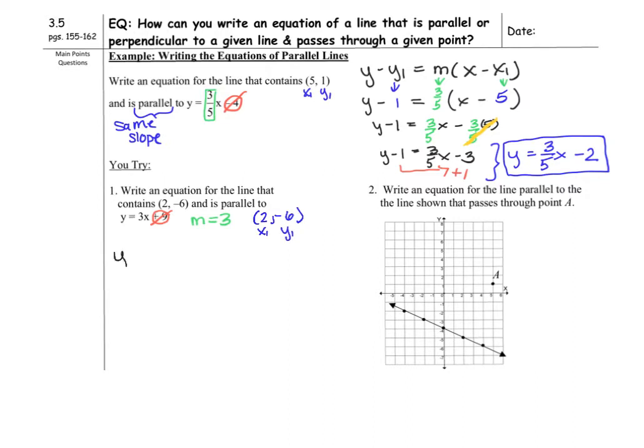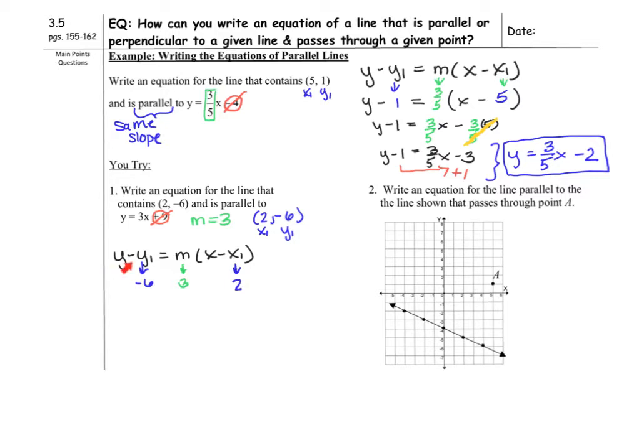And we're going to replace all of those parts into my point-slope formula. So we're going to replace my y sub 1 with negative 6. My slope is going to be replaced with a 3. And my x sub 1 is going to be replaced by the 2. And then we're going to recopy everything I didn't use.